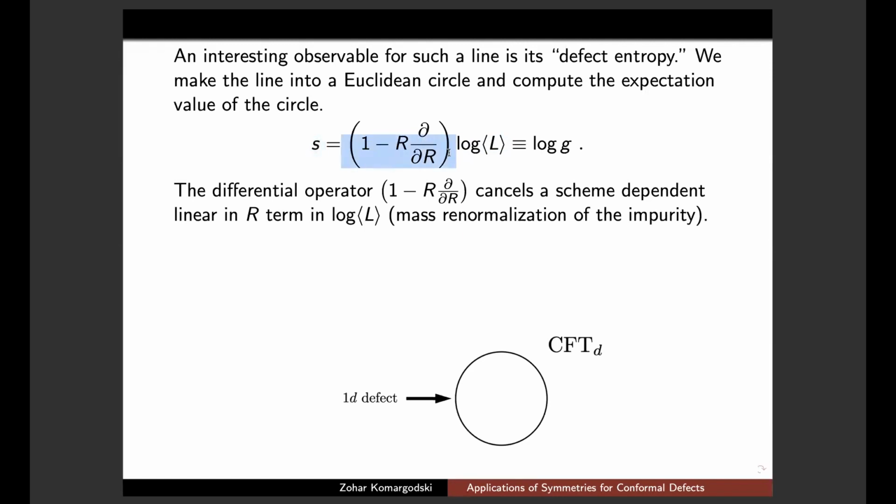You need to apply this particular differential operator to cancel some scheme dependence, which is a lattice regularization artifact if you want. You can think about the expectation value of the circle as a function of the radius, which is tracking the RG flow. When the radius is very large, it's like the infrared limit. And when the radius is very small, it's like the ultraviolet limit of the impurity.